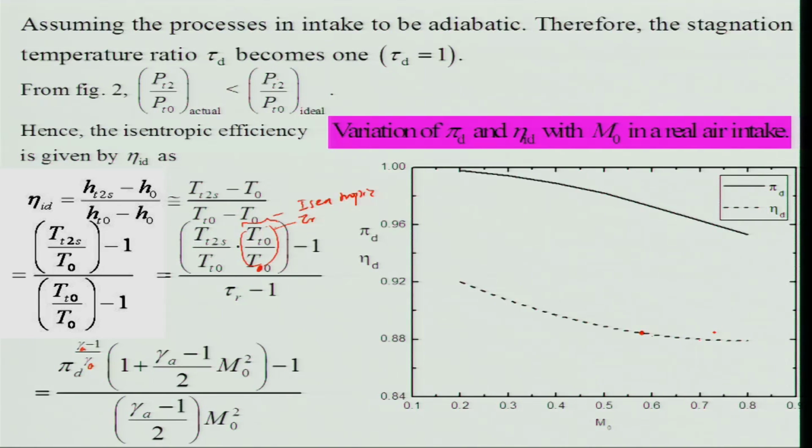So, you can get a relationship between the isentropic efficiency for an air intake with respect to the pressure ratio across the air intake or the diffuser.